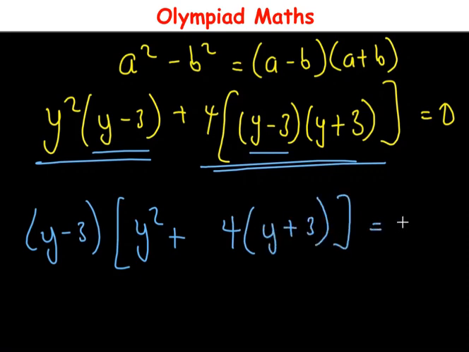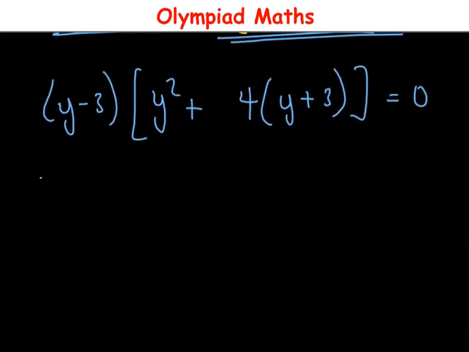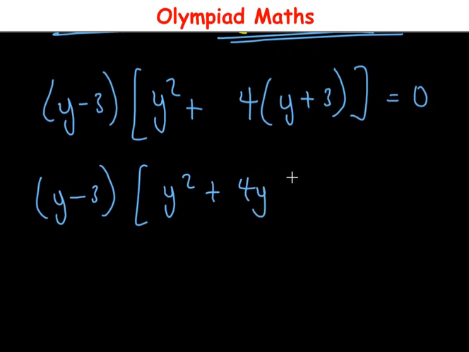So all is equal to 0. Now from here, what we have is this, in brackets y minus 3 into brackets y squared, then plus 4 times y, 4y, 4 times 3, 12. So plus 12, all is equal to 0.